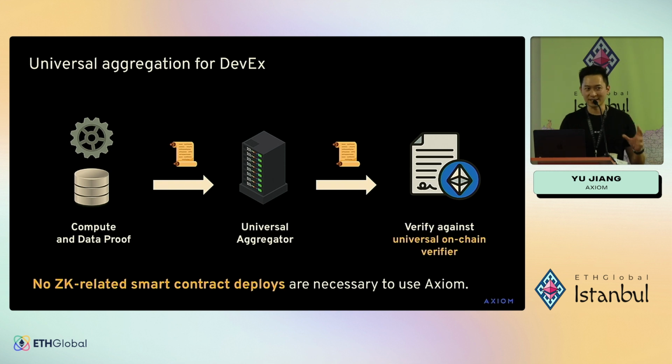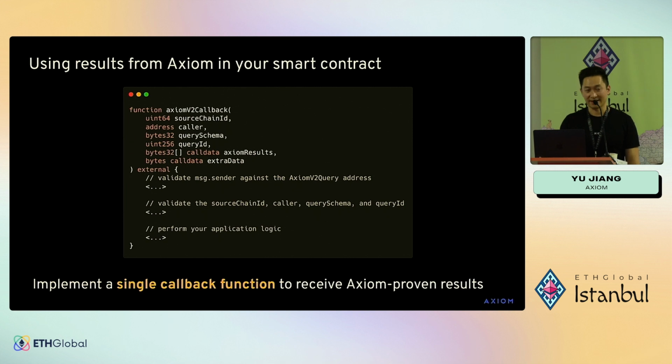What this essentially means is that there are no ZK-related smart contract deploys that developers need to deploy in order to use Axiom. Using results from Axiom in your smart contract is as simple as adding this very specific function to your contract to receive the callback.